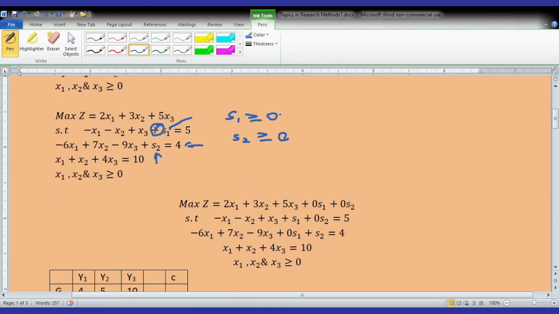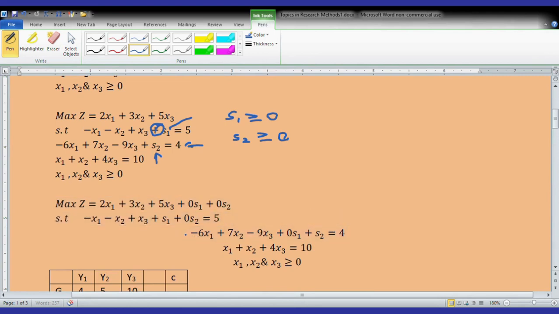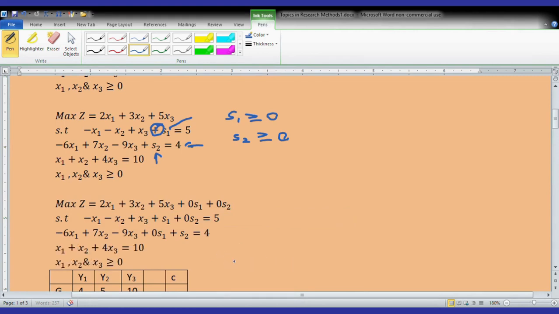Alright, once we have done that, I myself prefer to add another step, and it is that I want to rewrite all the constraints and equations in a way that in every equation all the variables will be appearing.